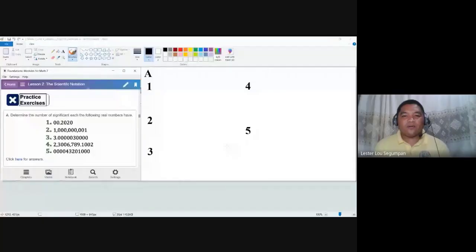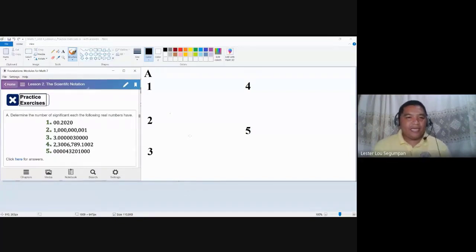We are going to solve the significant figures of each of the given items here. So this is now the practice exercise A found in your module. We are now going to determine the number of significant figures or significant digits of each.